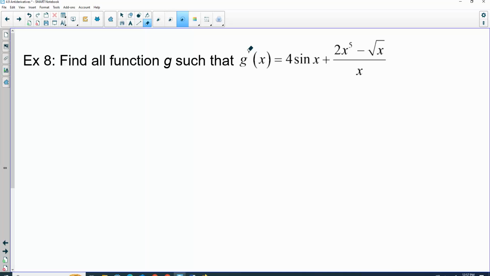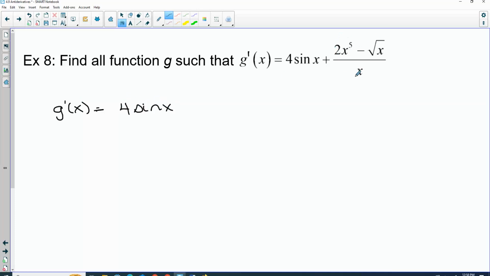Okay. So find all functions g such that g prime is equal to this. So here's the derivative. Tell me what g was. But let's clean this up. If you had to do the derivative of this thing, what would you be stuck doing? Quotient rule. Have I given you the opposite of a quotient rule? No. So let's clean this up first. We have 4 sine x.